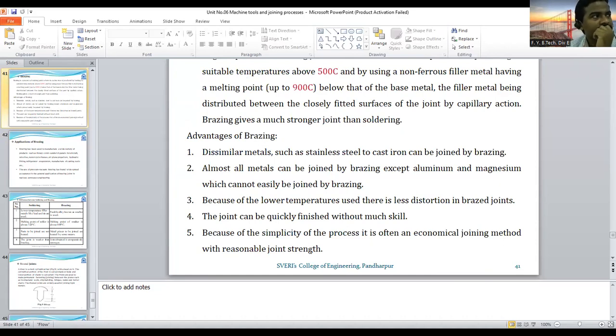Then disadvantages. Filler material is required. This is also one disadvantage.